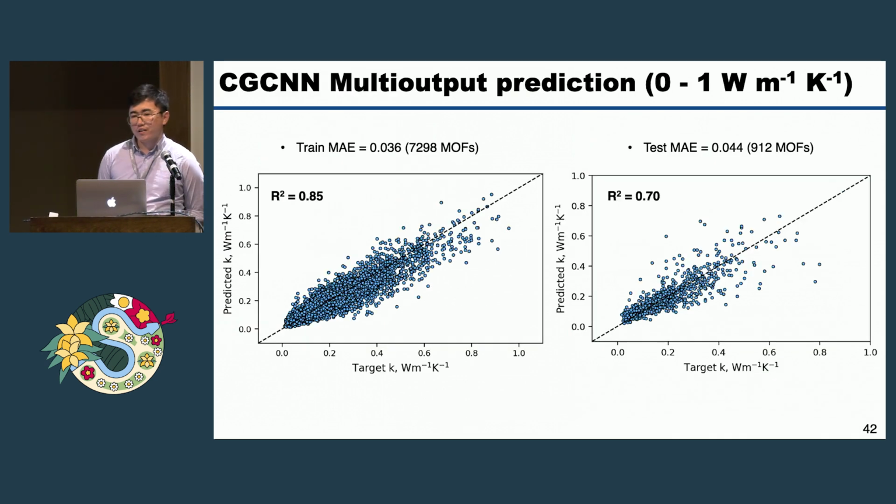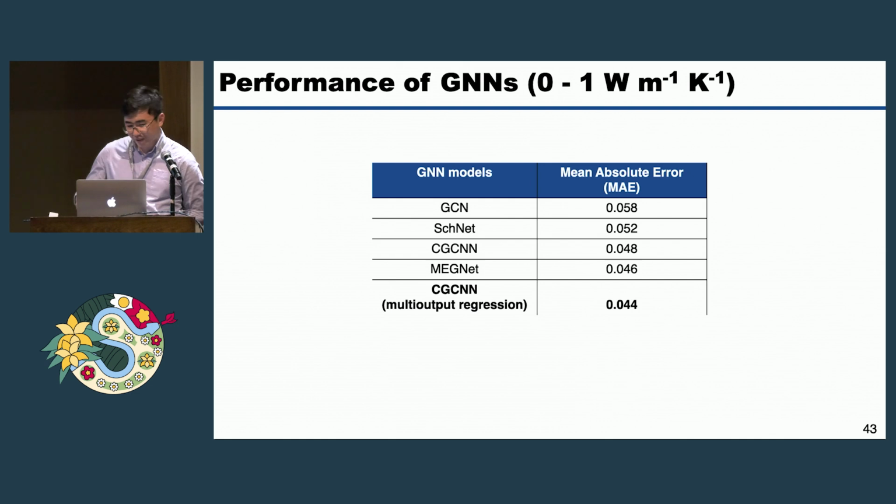We changed the code for CGCNN so that it can output 3 thermal conductivities instead of just 1. Interestingly, the result is a little bit better than MEGNet in predicting the average thermal conductivity. So we are changing the code for the other 3 models, and trying to develop a model that can predict these directional thermal conductivity features.